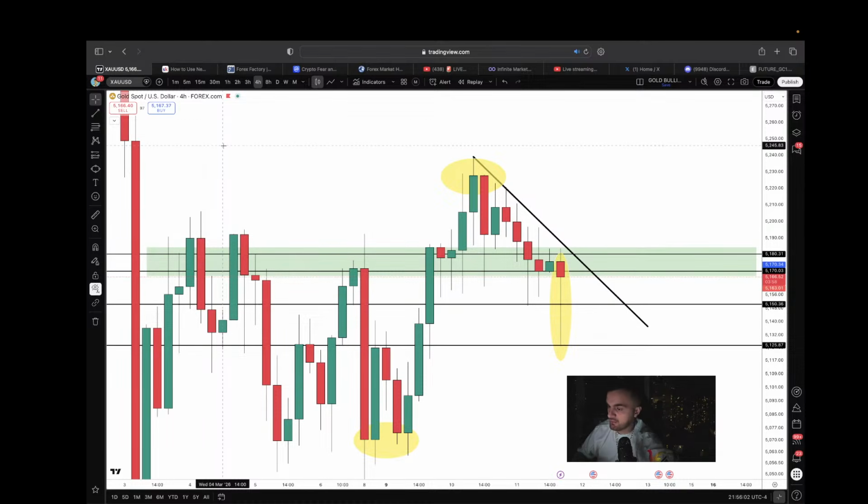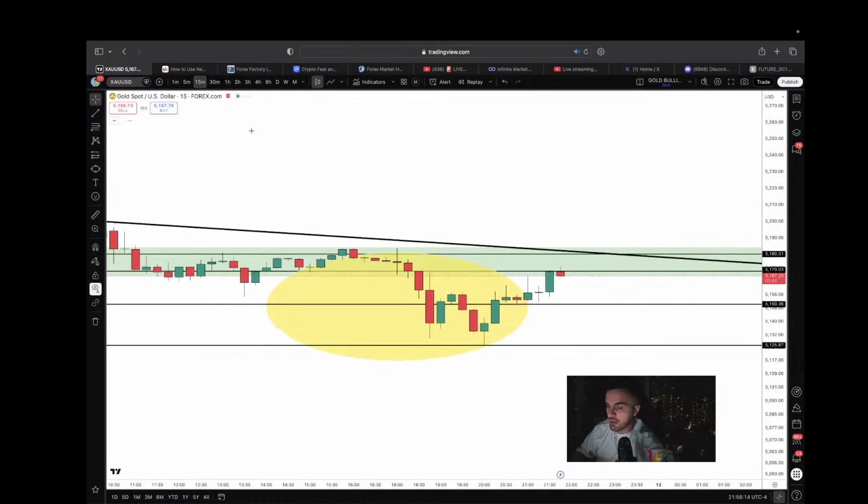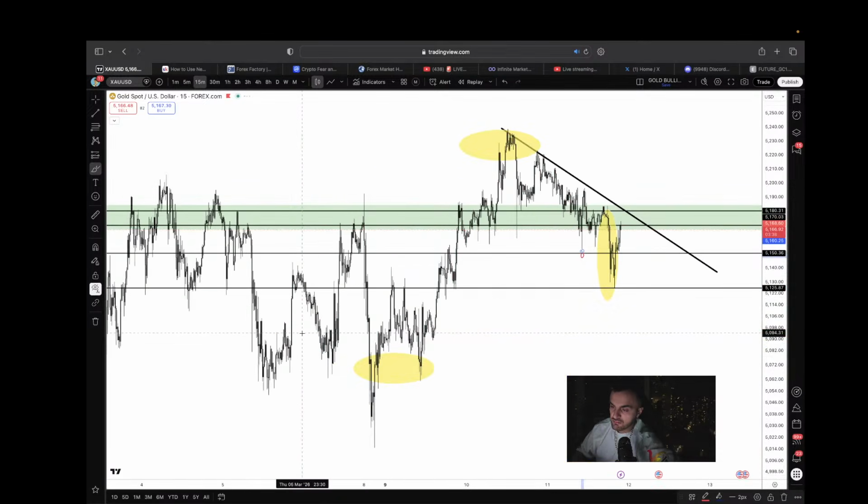Like this morning, I was looking for buys when they were there. Market comes to the zone again. There could have been other entries though. Even this morning, the market did dump to 5150. So we'll see. The 4 hour looks like it might be trying to flip.